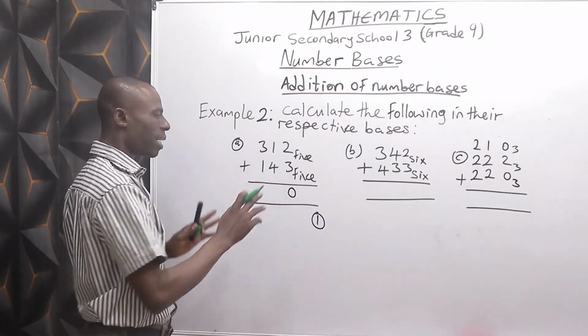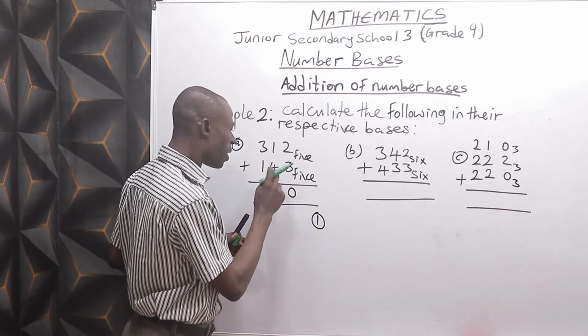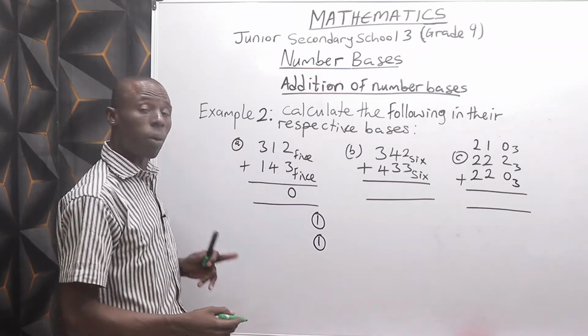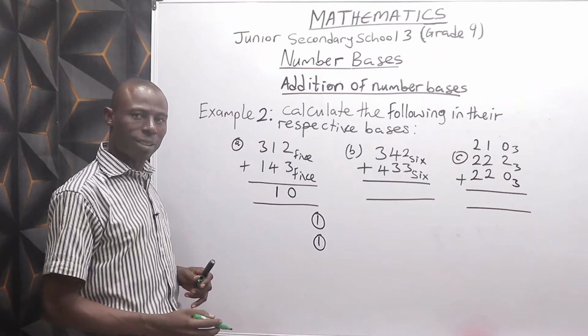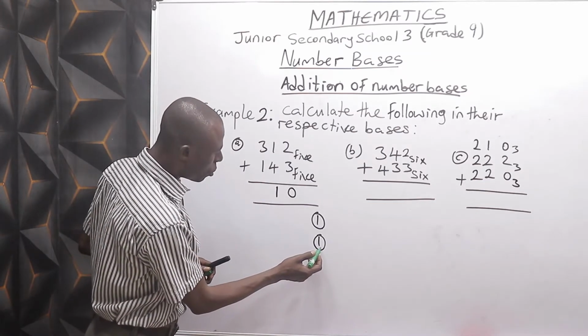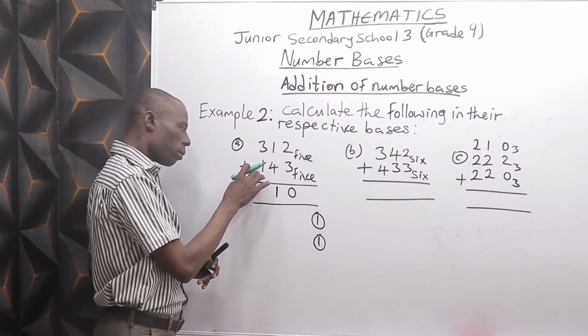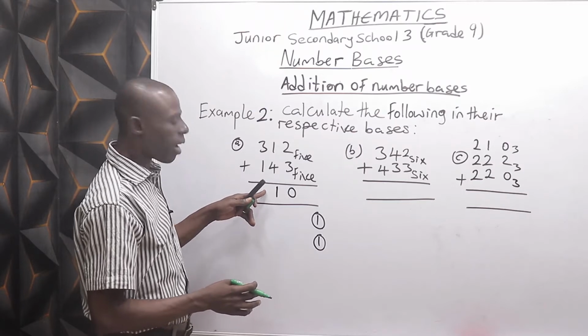2 plus 4, that's 6. How many times do you have your base 5 in 6? It's still 1, remainder 1. Do you understand? So that one, you carry, add it here to 3, making 4. 4 plus 1, that's 5. You can still not write 5 down.